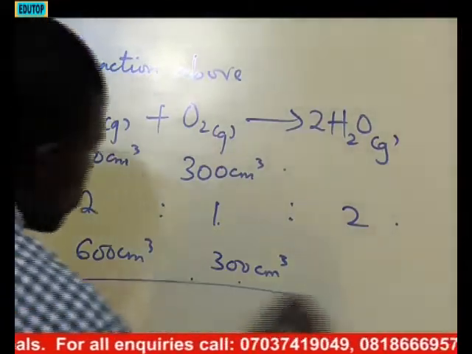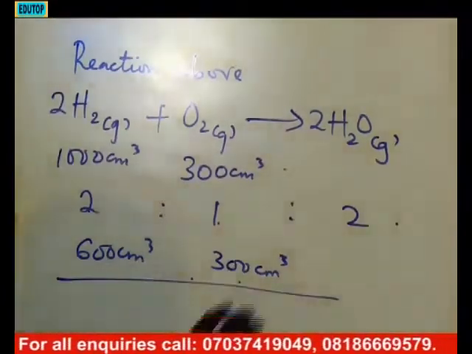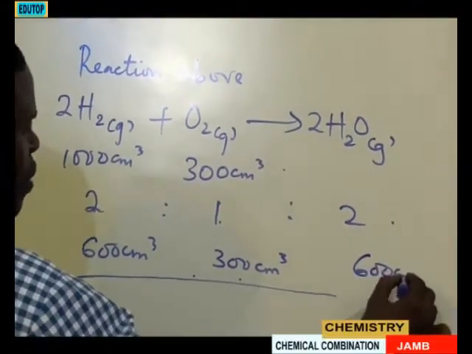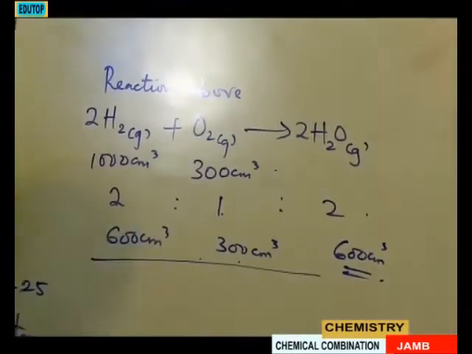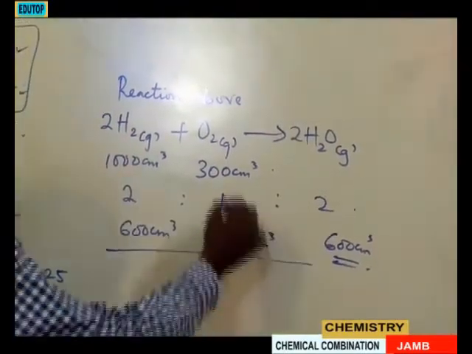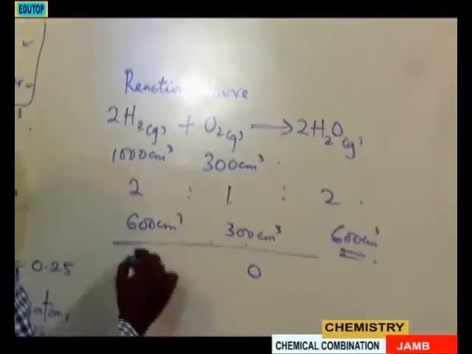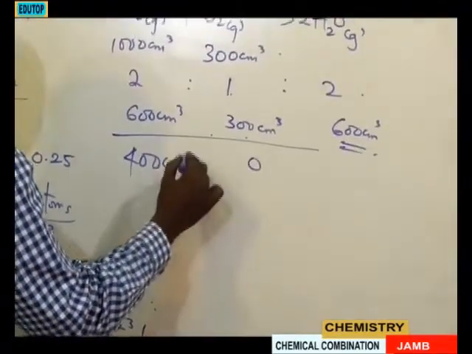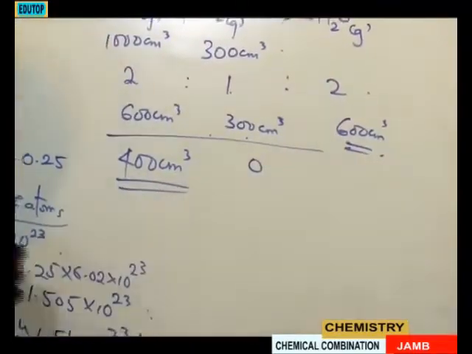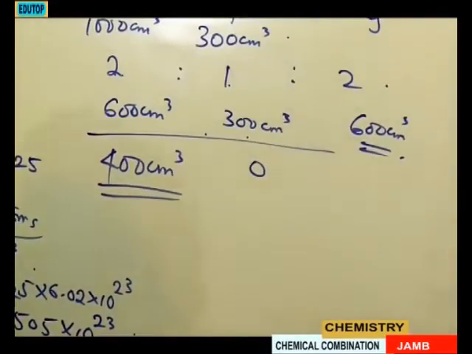So automatically, when you go by this, one nullifies this, and this one will also be what? 600 cm3, although the question did not ask us for this. So we have to pay attention to this. This minus this is 0. This minus this is 400. That means the volume of hydrogen that will be left unreacted will definitely be 400 cm3.